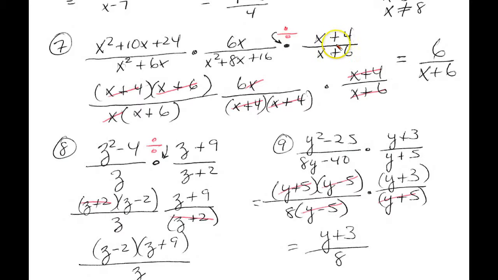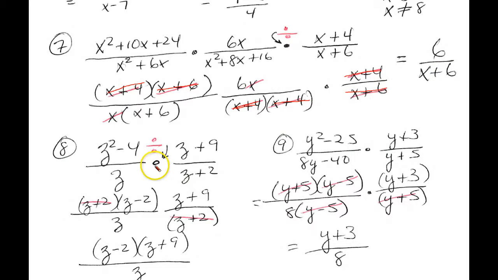So this is the flipped one. That's how you do multiplication of fractions. Again, you start looking for common factors. Well, there's one. There's one over here. There's another one over here. And then we could factor an x with an x. So we're left with 6 over x plus 6.